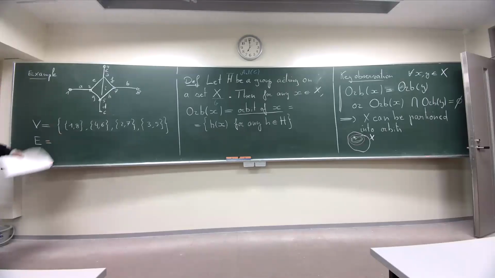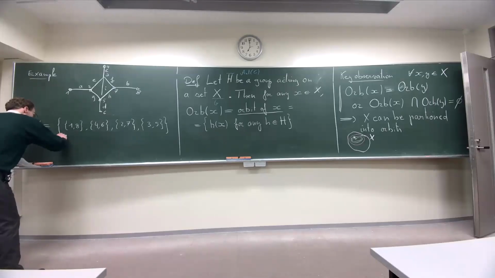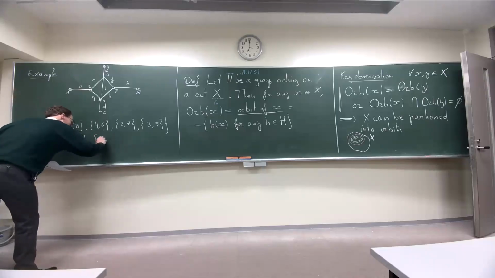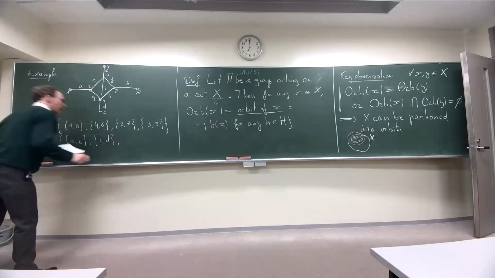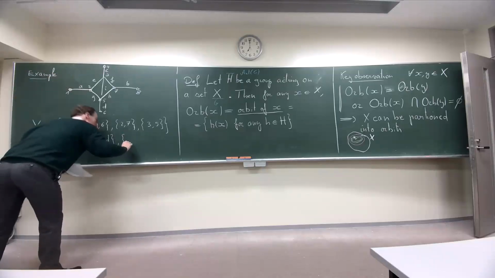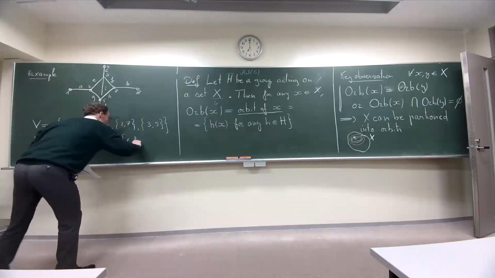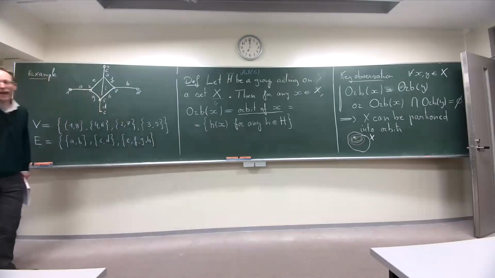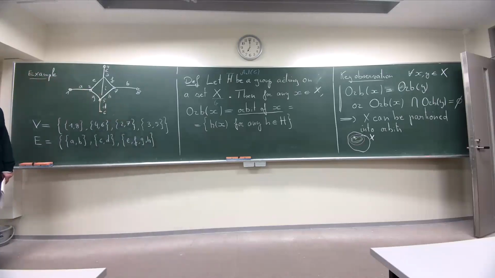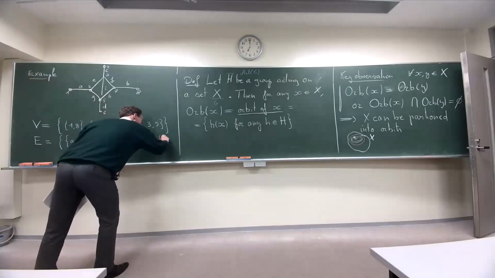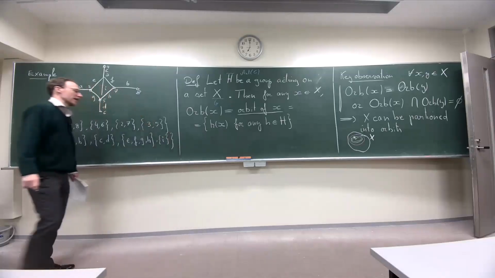Now for the set of edges, we have A and B that can be exchanged. We have C and D. Under symmetries, you have 4 edges together, E, F, G, and H, and one single edge, I, which cannot move to anybody else.